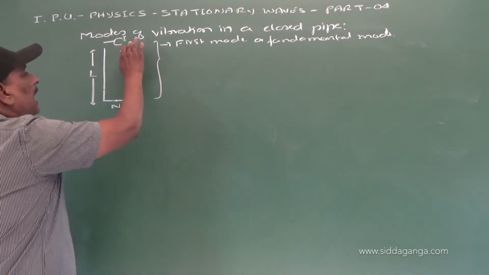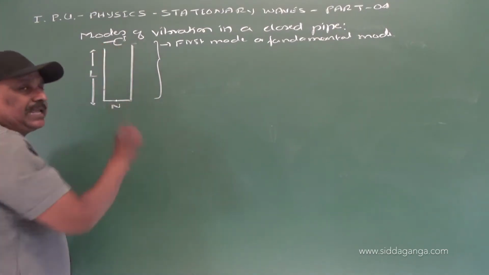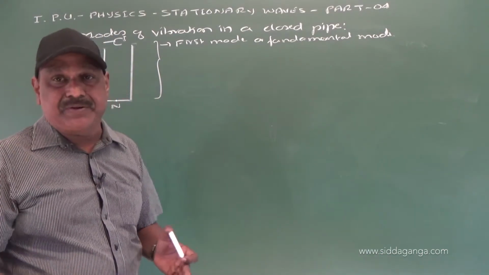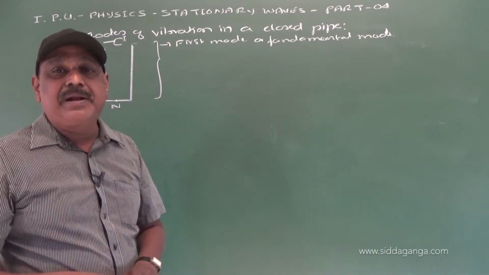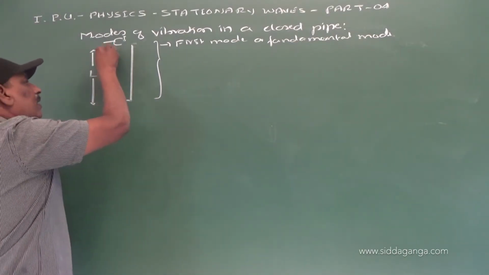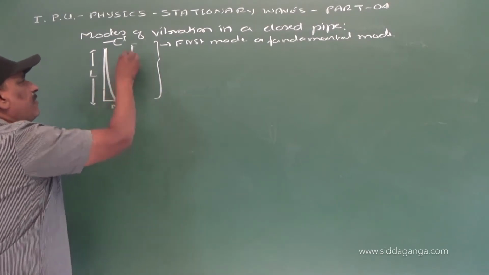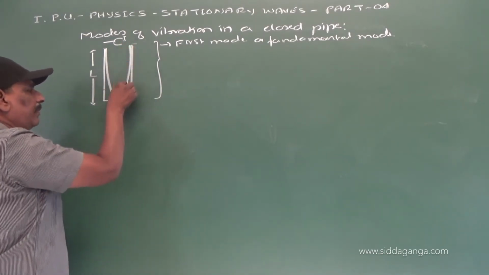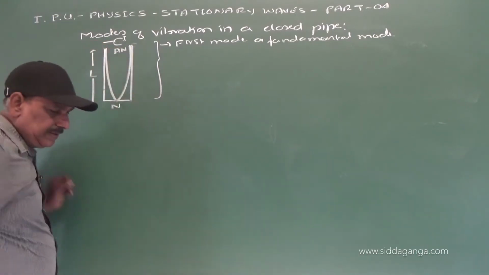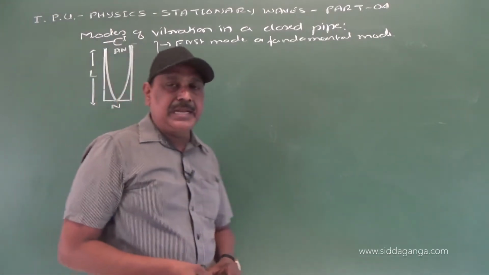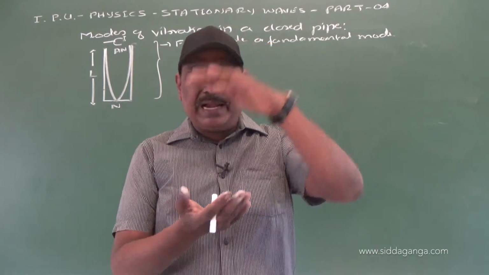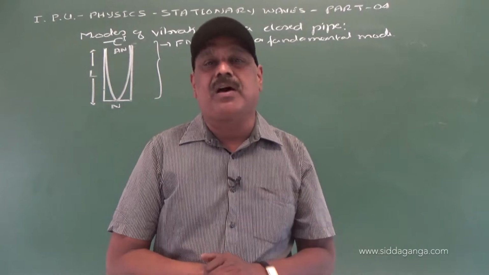But at the open end, the air particles have maximum freedom of vibration. They can vibrate with maximum amplitude. Therefore, an antinode is always formed at the open end. Remember, in case of an open pipe, antinodes are formed at both ends.